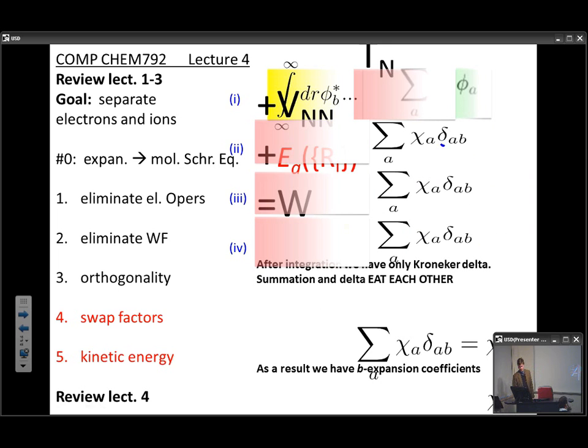Okay, so here we put delta functions instead of these integrals. This term has a summation, a delta function, and some coefficient, right? And typically the summation sign times the delta function, they eat each other and select, out of the whole range of coefficients, only one coefficient with a selected index.